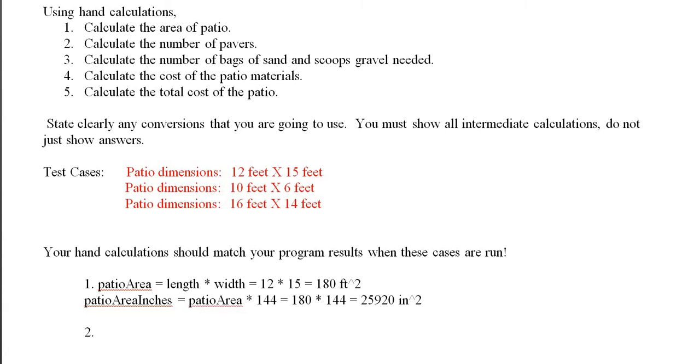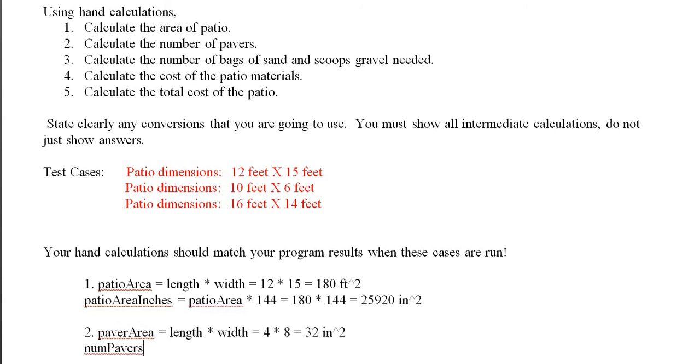The next step says calculate the number of pavers. Well, the paver area is again going to be the length times its width, which is 4 inches by 8 inches, or 32 square inches. So the number of pavers, that's a lowercase n, there we go.